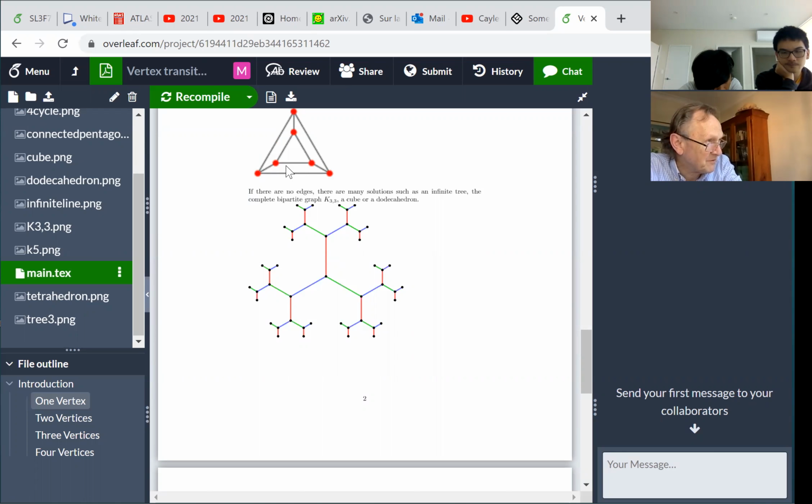A square or a 4 cycle is a complete bipartite graph. So maybe it's only once the degree gets up to a certain size. I'll just write to him about that. He probably won't reply while we're meeting, but I'll find out.